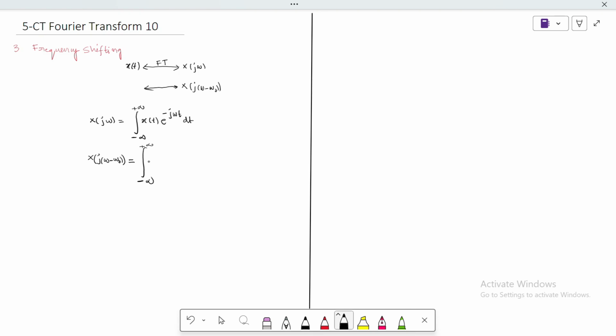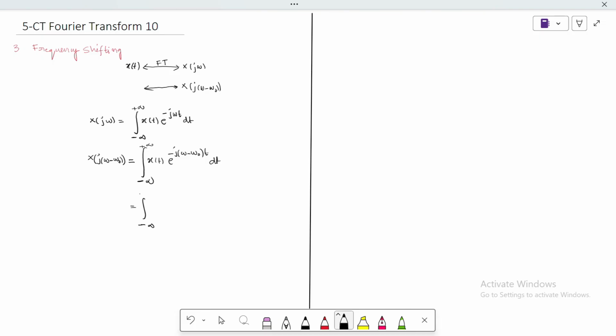So this is x of t into e power minus j into omega minus omega naught, where omega naught is a constant and omega is a variable here, into dt. Expand that one.